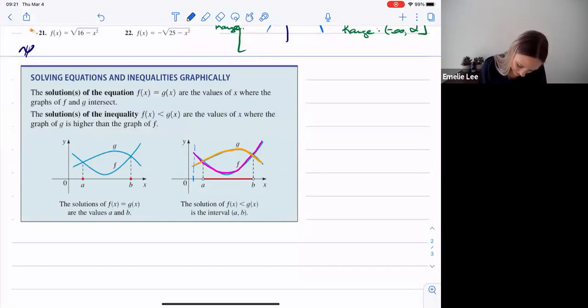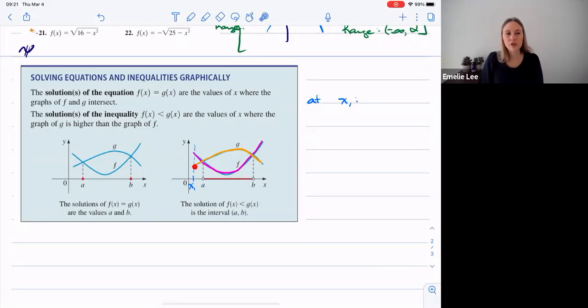And so here at, let's say, this point, let's call this X1. At X1, G of X is less than F of X, right? And that stays true until they intersect, right? So you can pick any value here. And what I want you to do is just pick one value of X, and then just go straight up.